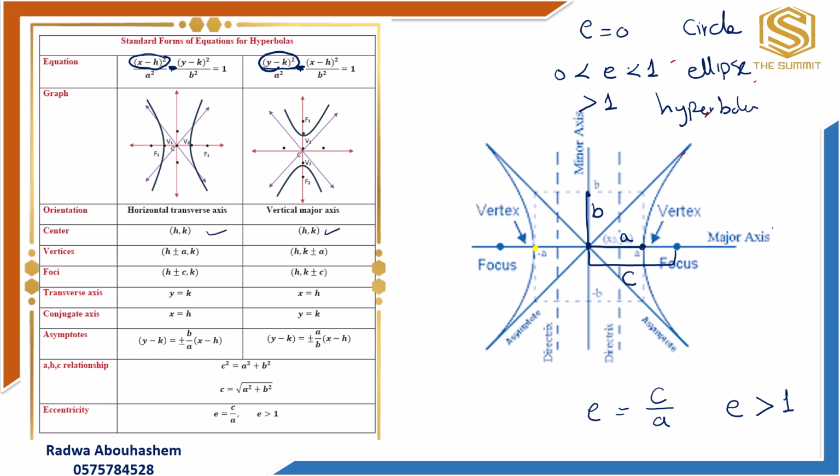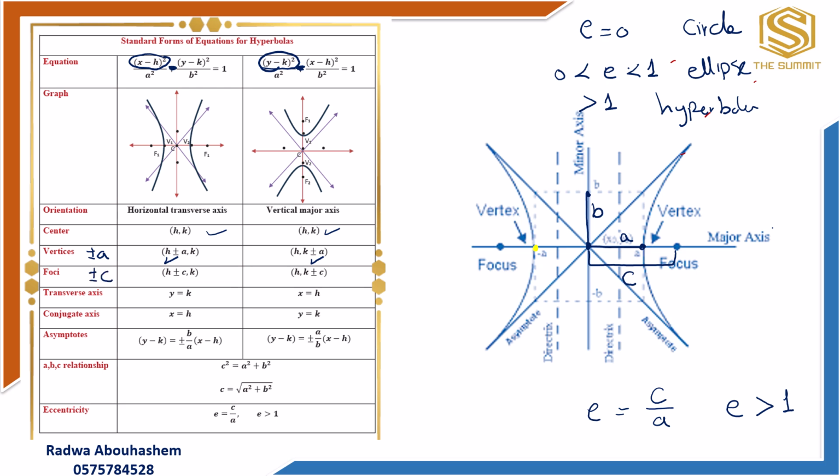If I need the vertices, this means I have to subtract or add a. If it's horizontal, you add it to the h. If it's vertical, you add it to the k. And if I need the foci, I need to add or subtract c, the same as ellipses.